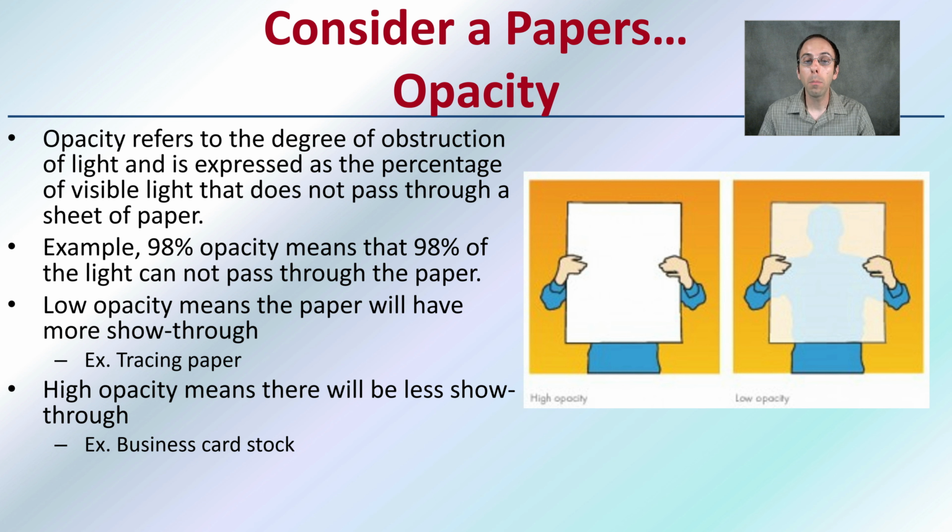Low opacity means the paper will have more show through. So this can be like a simple little light test. Hold it up under the light and see how easy it is to see through. High opacity is going to be like your business card or cardstock that's going to be really thick and dense paper, and low opacity, as you would expect, would be like tracing paper, something very thin so you can see through it.